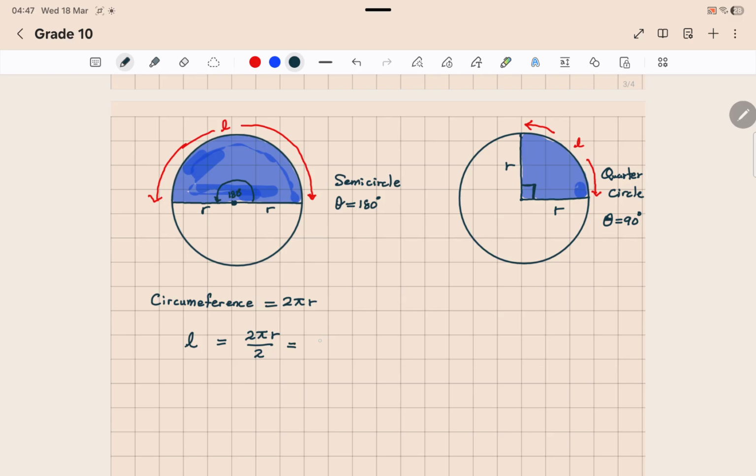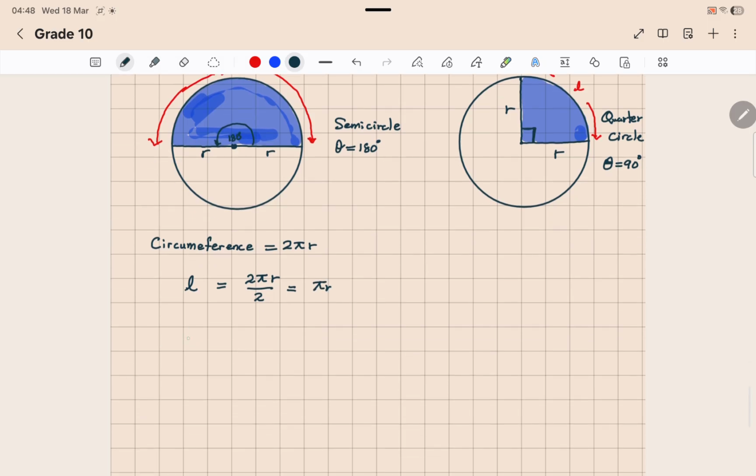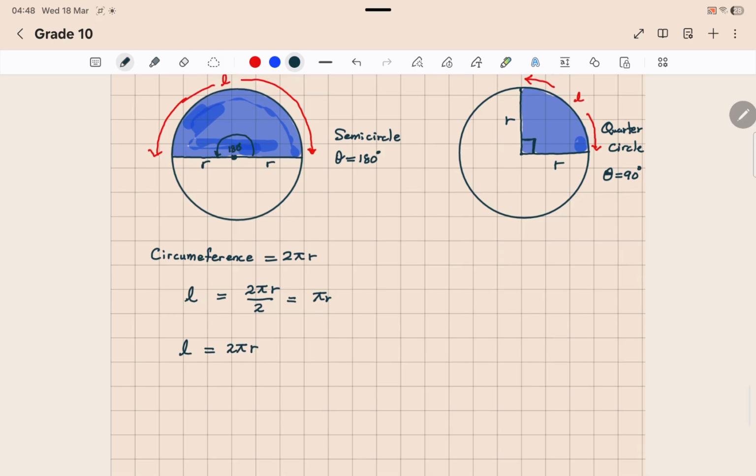So this is pi r. Look, 2 pi r is the full circumference.